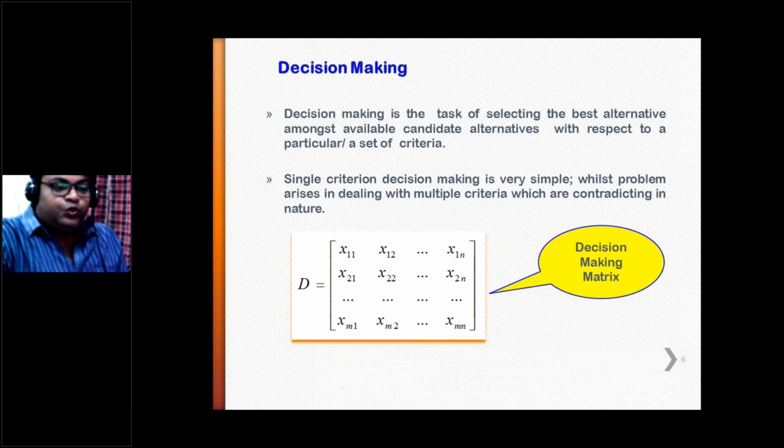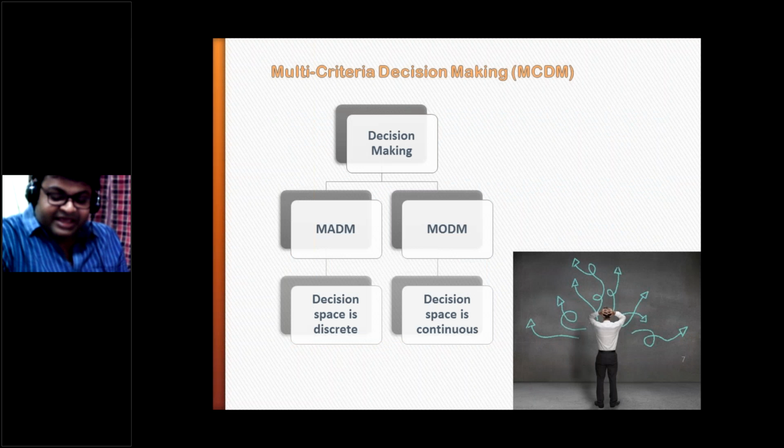So a column represents a particular criterion and the corresponding values of different alternatives, and a row represents, for a particular alternative, what the different criteria values are. So this is called a decision making matrix or multi criteria decision making matrix.